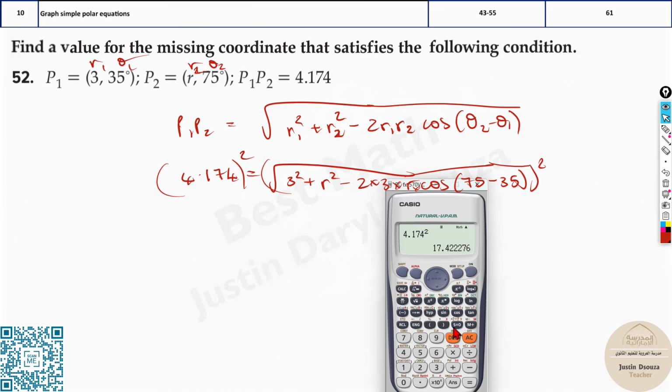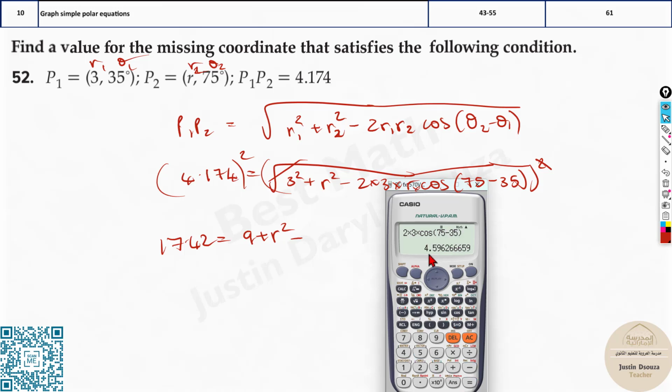4.174 squared will be equal to 17.42. So let me write it over here, 17.42. That will be equal to the square root, and the square cancels off. So you're remaining with 9 plus r squared minus, what about this part here? You just put this in the calculator: 2 times 3 times cosine of 75 minus 35.